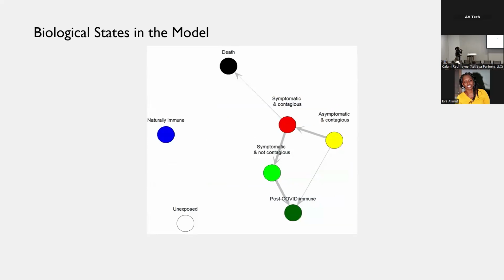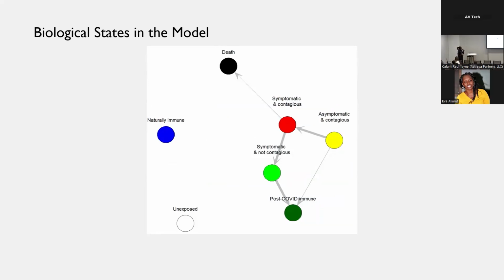So for our compartments, we had up to 7 compartments, with 2 of them being the psychological states, that's the naturally immune and the unexposed, and the others being the biological states. In the event that you actually got the disease, then you'd shift from asymptomatic and contagious to symptomatic and contagious, or directly to post-COVID immunity.